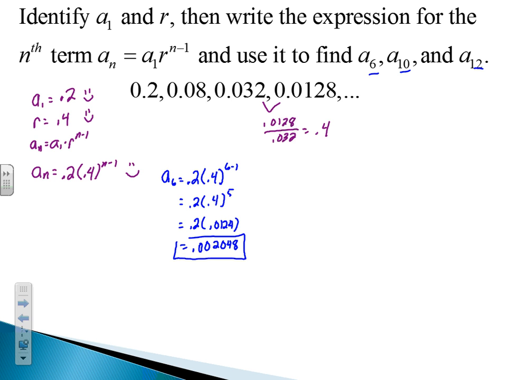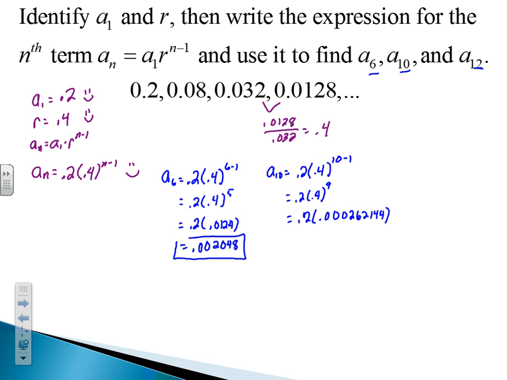Now the 10th term, you can imagine that's going to be much smaller than that one. So a sub 10, plugging these in, I'm going to get 0.2 times 0.4 to the 10 minus 1 power. So 0.2 times 0.4 to the 9th power. And 0.4 to the 9th power is going to be 0.000262144.